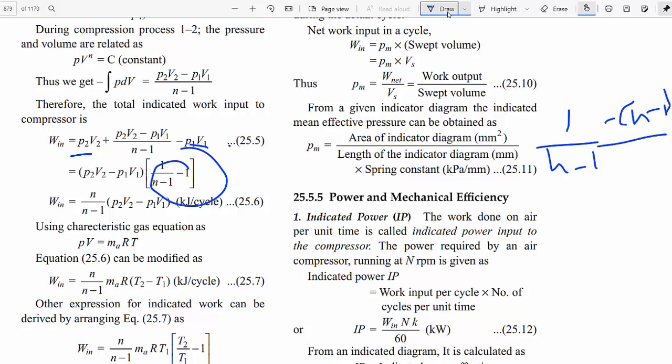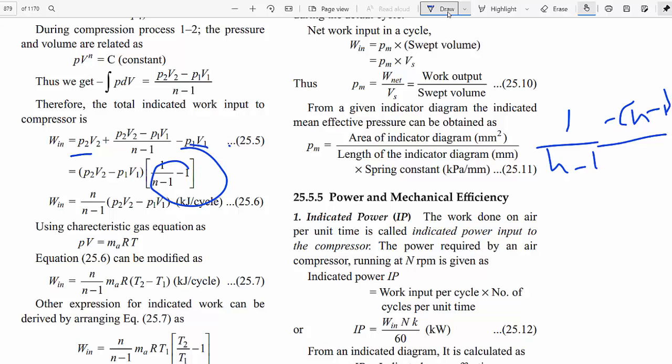Then we get 1 minus 1 cancel. Then n by n minus 1 is only available. Then we get W input equal to n by n minus 1 P2 V2 minus P1 V1.